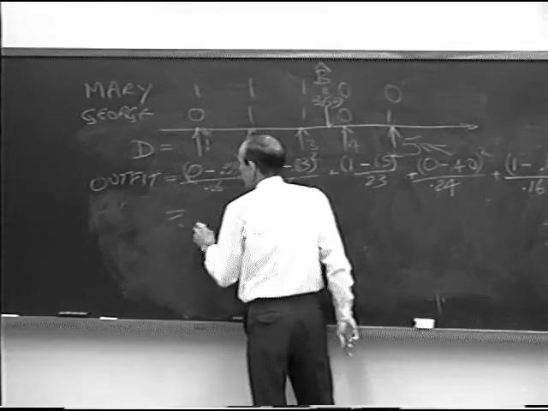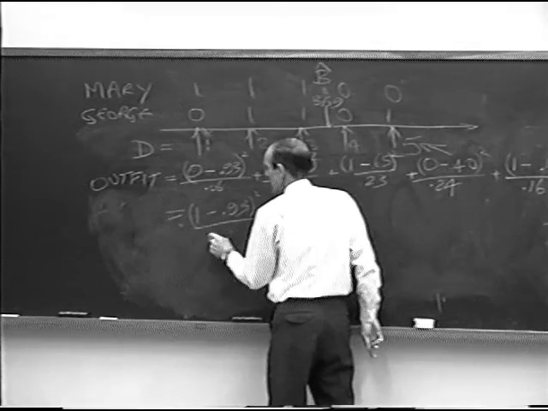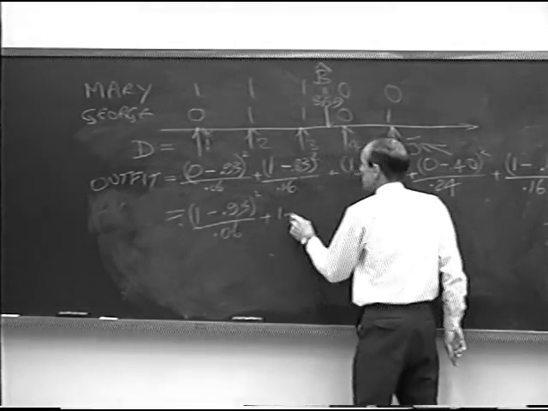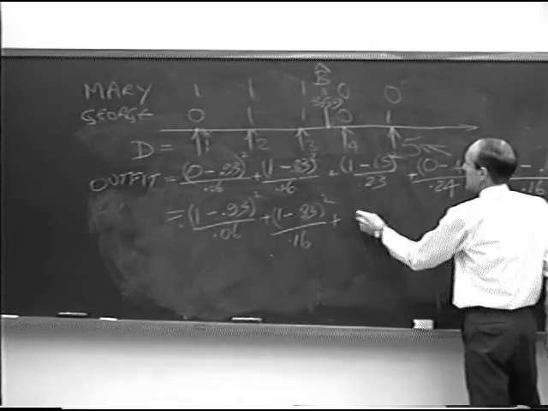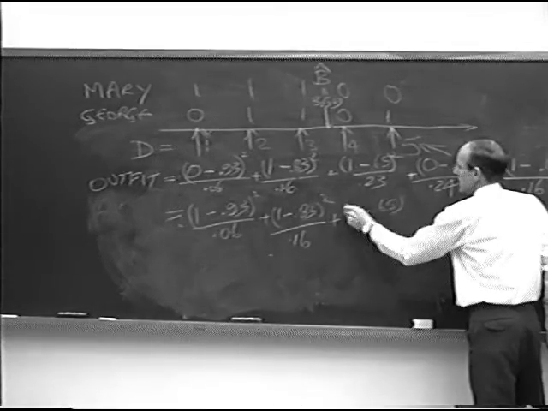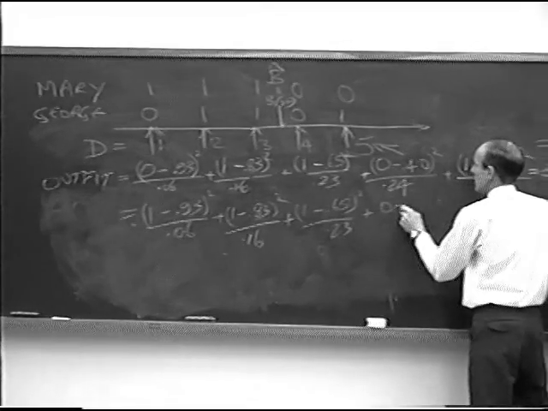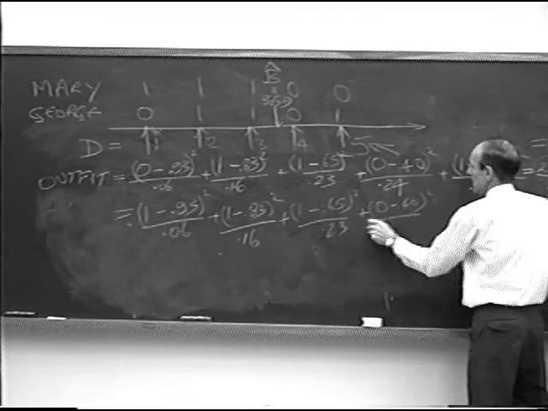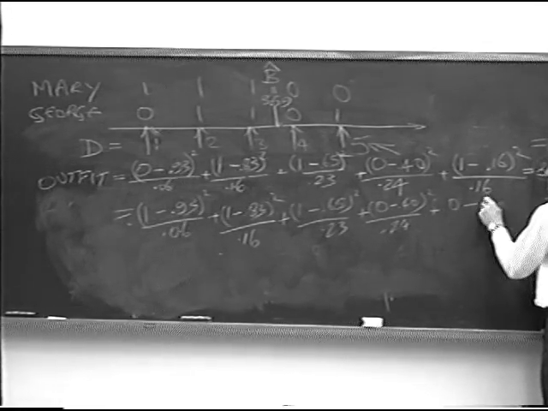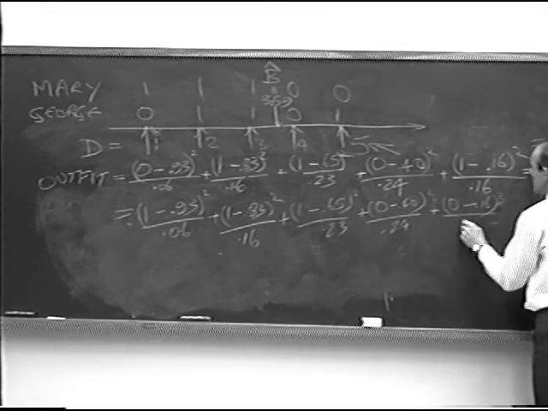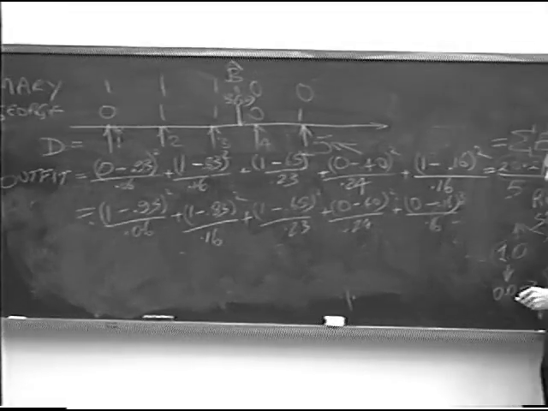So we can put in for Mary the changed data values. 0.06 and 0.83 squared over 0.16 plus 0.65 squared over 0.23 plus 0.4 squared over 0.24 plus 0.16 squared over 0.16. Is that right? Approximately? All right.